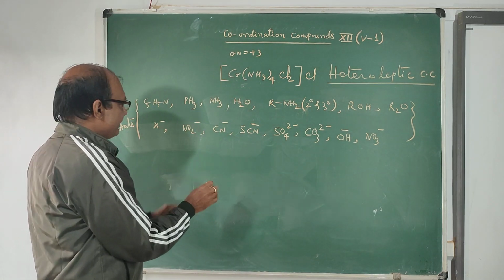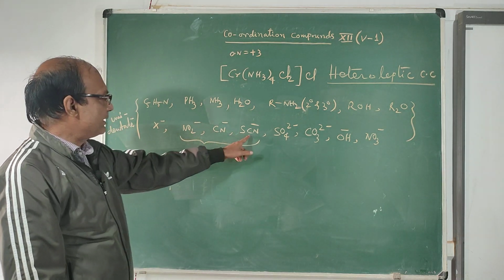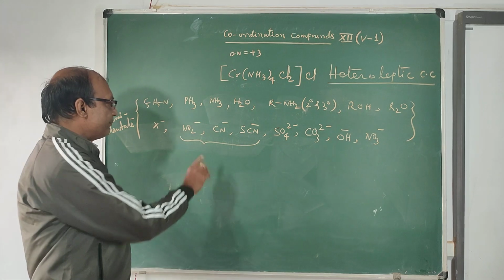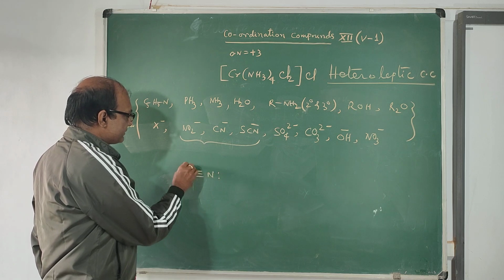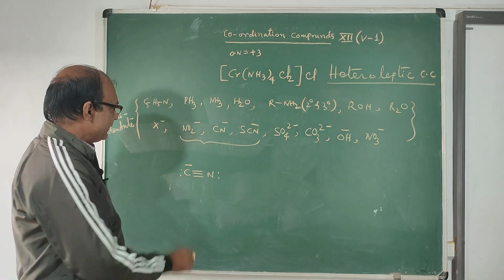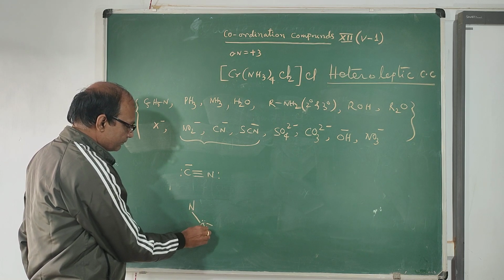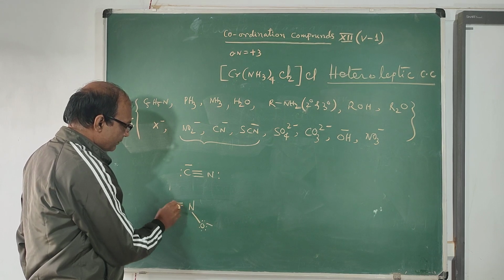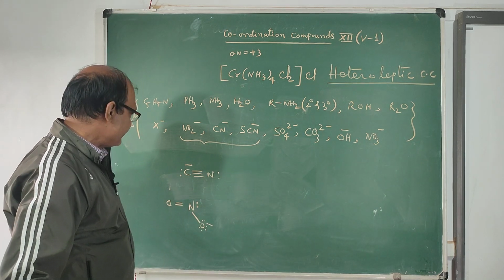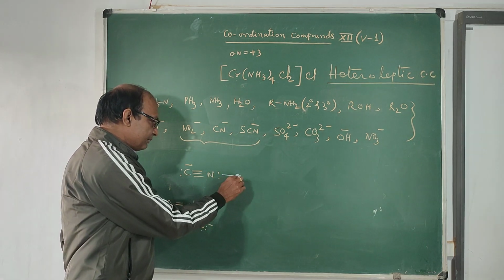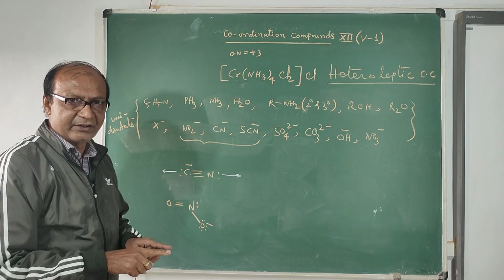Out of these unidentate ligands, look at these three ligands: NO2 minus, CN minus, SCN minus. These ligands have two donor sites. This is the bonding of CN minus, and this is the bonding of NO2 minus. Sometimes bonding may take place through nitrogen, sometimes through carbon, but not simultaneously.